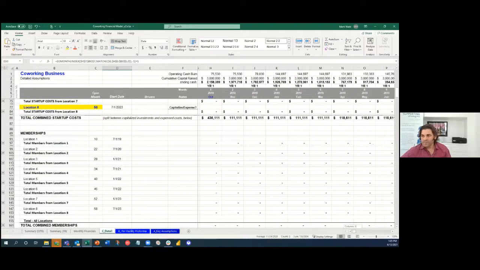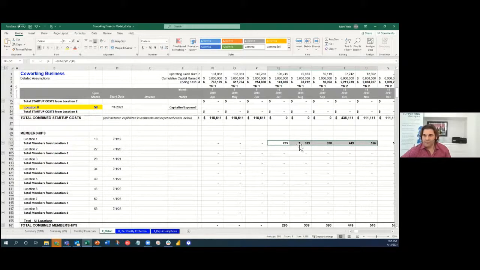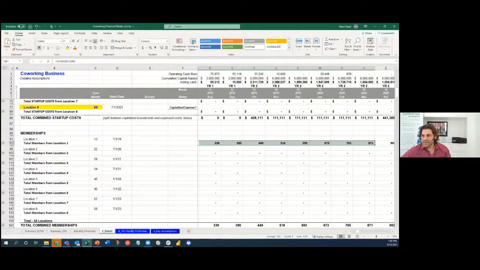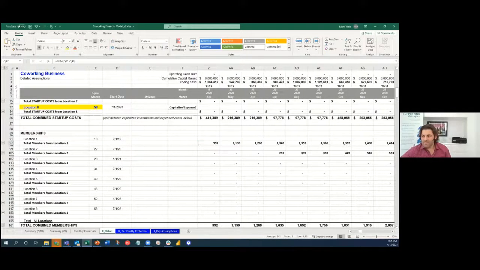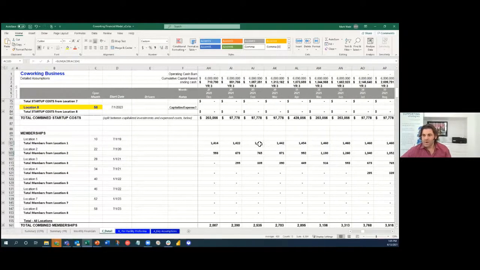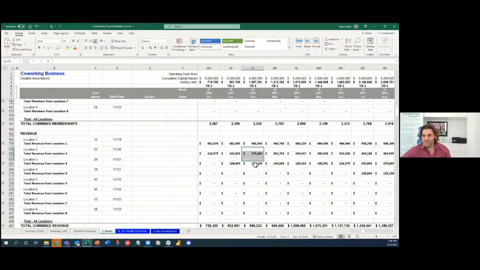So this says, here's what's going to happen when we start the first location. We'll have all these memberships, and there's lots of detail underneath here. And then the second location kicks in, so we have more members here, and then the third location, and so on. And so this model kind of adds that stuff up. Here's the revenue that's going to be generated from those users.